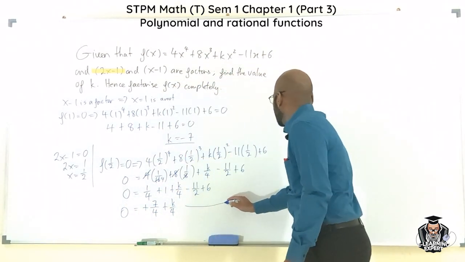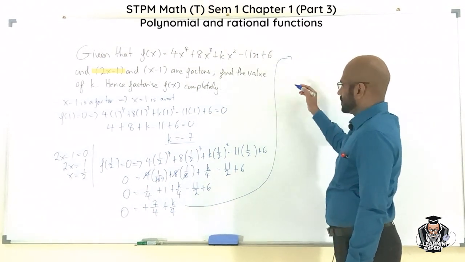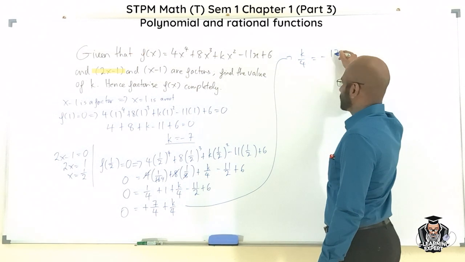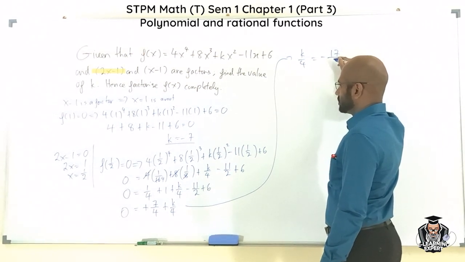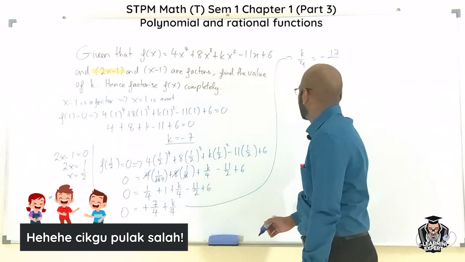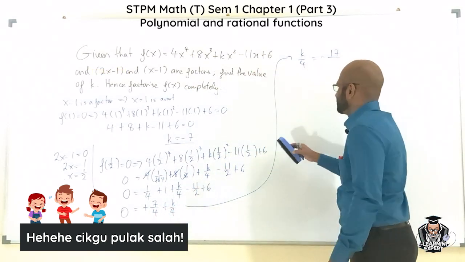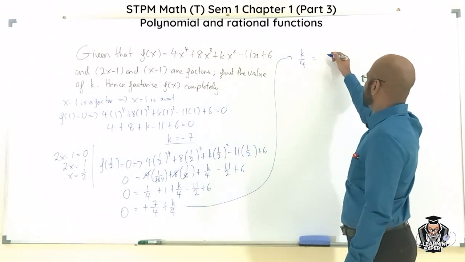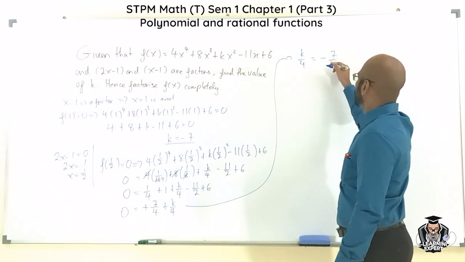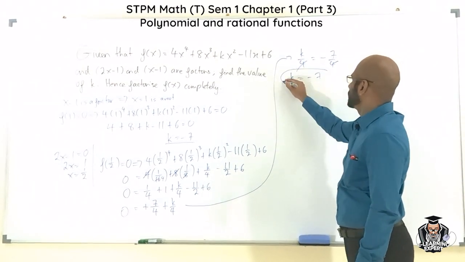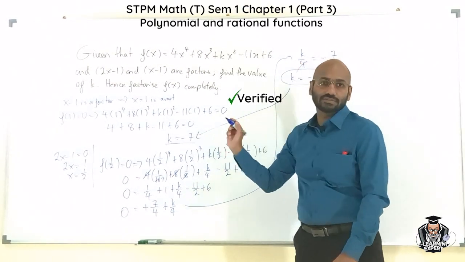So what happens over here? Bringing over the other side, we have k over 4 equals minus 7 over 4, not 17. I wrote it correctly, but I said it wrongly. So cancelling off the 4's, there you go, k is negative 7.